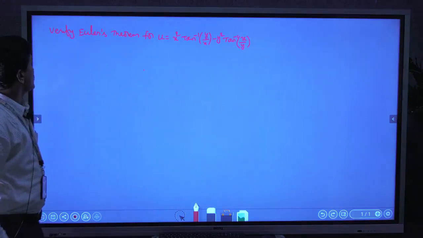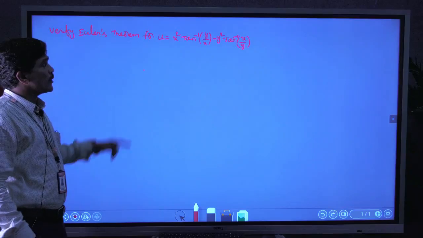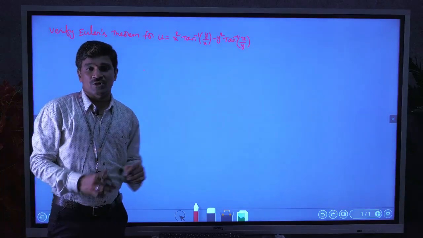So this is the function. Verify Euler's theorem for this function u.